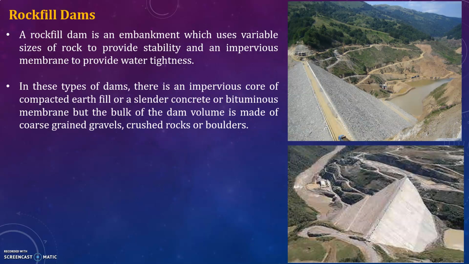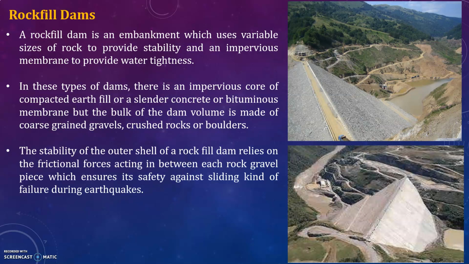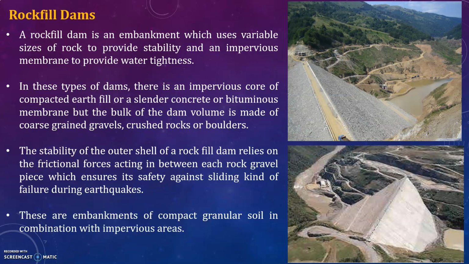In this type of dam, there is an impervious core of compacted earth fill or a slender concrete or bituminous membrane, but the bulk of the dam volume is made of coarse-grained gravels, crushed rocks, or boulders. The stability of the outer shell of a rock-filled dam relies on the frictional forces acting between each rock or gravel piece, which ensures its safety against sliding or failure during earthquakes.